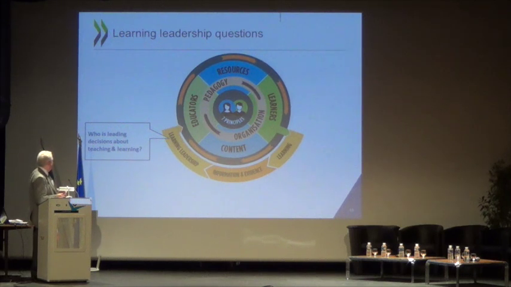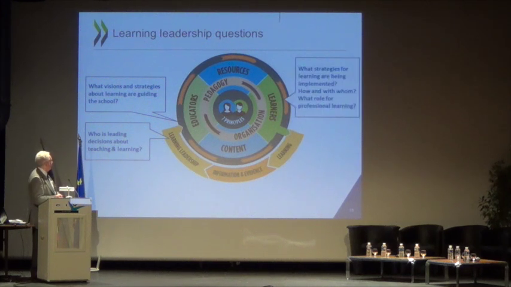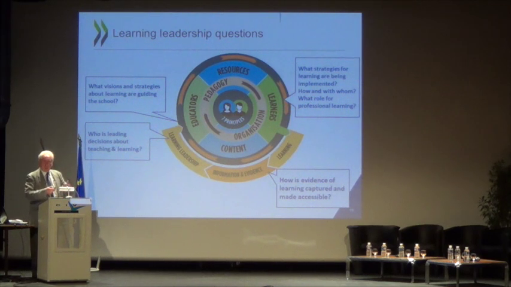The first is very much about who is involved in learning leadership, who is engaging; what kinds of visions and strategies about learning are guiding the school, if this is being used in the school context; the way in which those strategies are being implemented and how it's being done; and the way in which professional learning is integral to that; the nature of evidence capture, how are we following what's happening in a formative way.